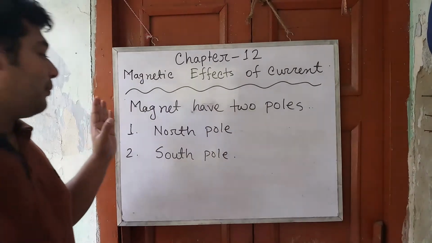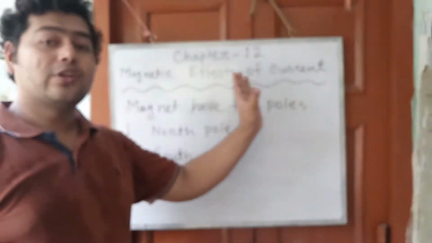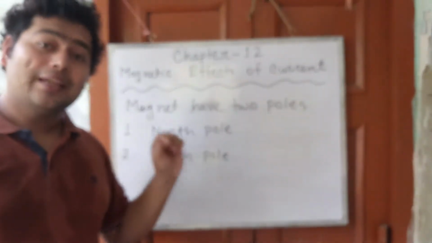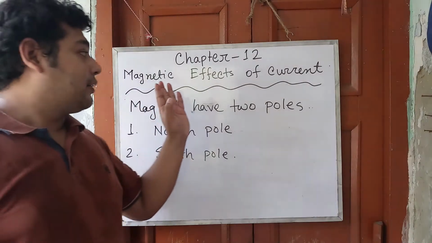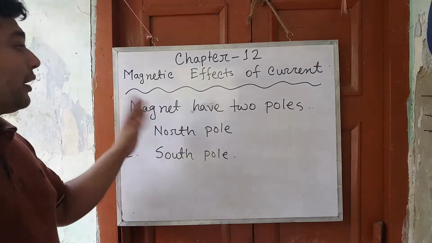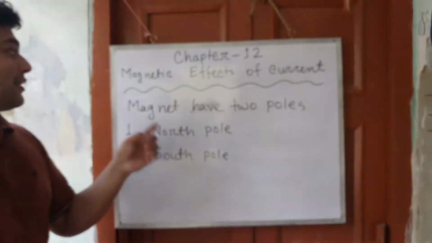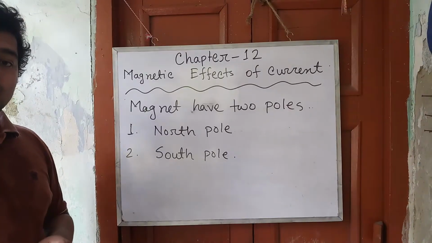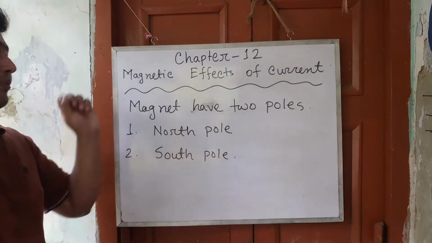Now, by using a magnet we can get current, and by flowing current we get a magnet.